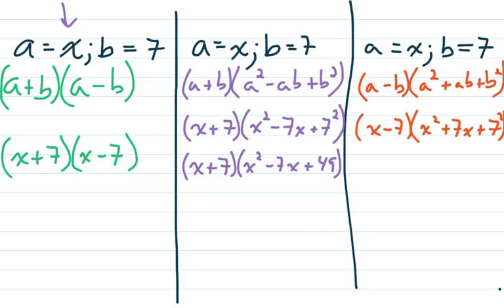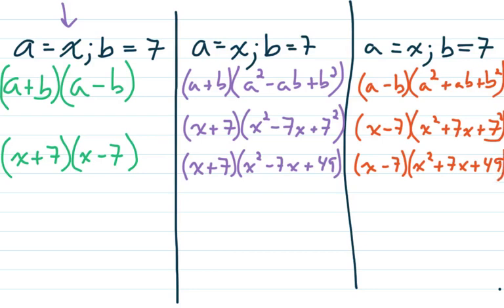And if we were to simplify it, we can simplify the 7 squared, so we'd get X minus 7, parentheses, times X squared plus 7X plus 49.